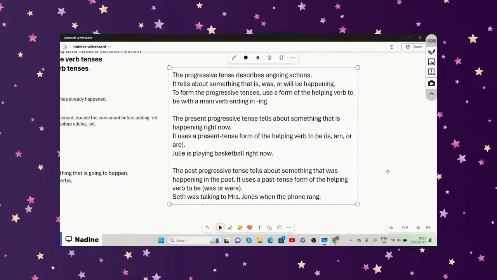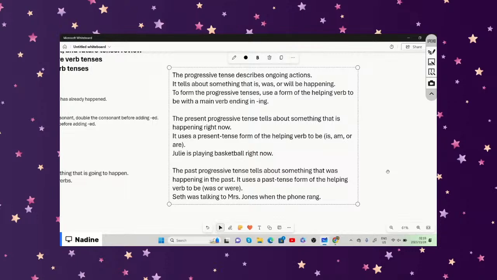The present progressive tense tells you about something that is happening right now. If something is happening right now, then it uses a present tense form of the helping verb, which is either is, am, or are.